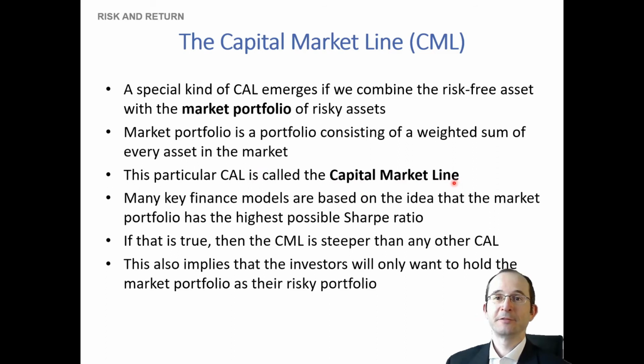And indeed, a lot of what we talk about in finance will be based on the assumption, reasonably backed by data, that the market portfolio, as the broadest and most diversified portfolio, will have the highest possible Sharpe ratio.